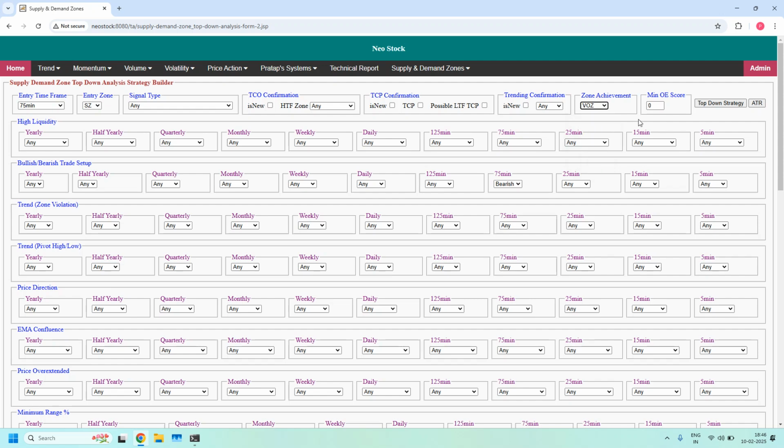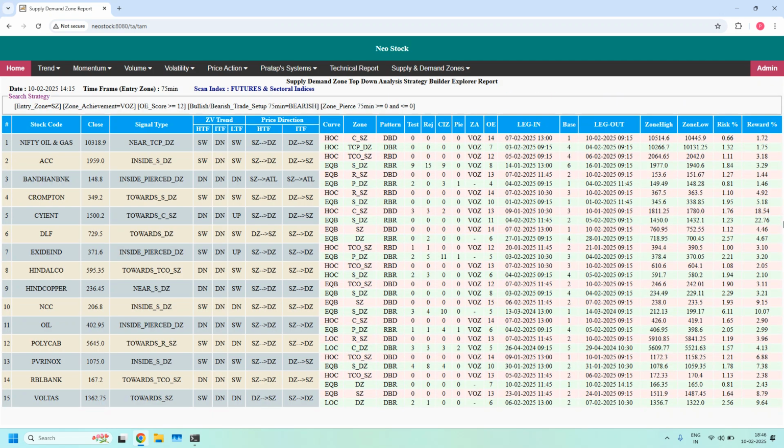Zone achievement VOZ, minimum order enhancer score 12 with all the 3 filters on 75 minutes supply zone. We got 15 stocks. Currently these 15 stocks are supporting bearish trade setup for weekly income trade, and entry time frame zones are 75 minutes supply zones.